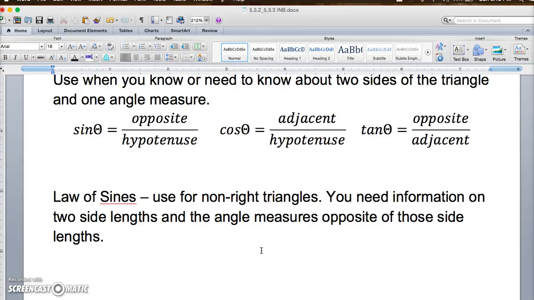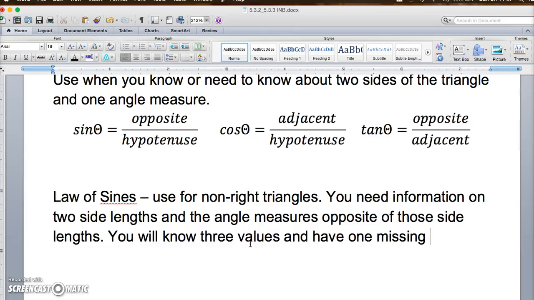One of those is going to be your variable. One of those is going to be what you're looking for. So you will know 3 values and have one missing value to find.